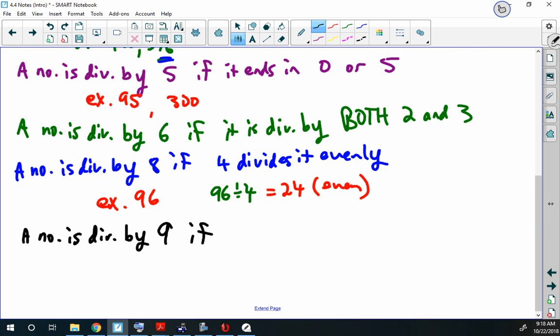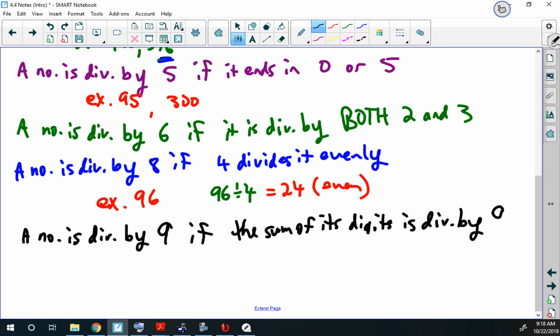So here it's going to be if the sum of its digits is divisible by 9. So earlier we looked at that one, the 1, 1, 1, 1, 1, 1, 1, 1, 1. 1 plus 1 plus 1 plus 1 plus 1 plus 1, 1, 2, 3, 4, 5, 6.